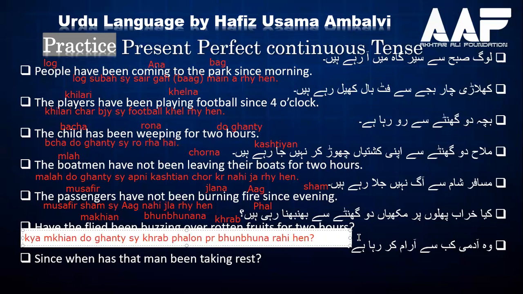But if you write like this, क्या खराब फलों पर मक्खियां 2 घंटे से भुनभुना रही हैं, like you are using the rotten fruits as a subject, so it is also okay. It's not wrong according to Urdu language. Grammatically both these sentences are right, but I think the best one is क्या मक्खियां 2 घंटे से खराब फलों पर भुनभुना रही हैं.